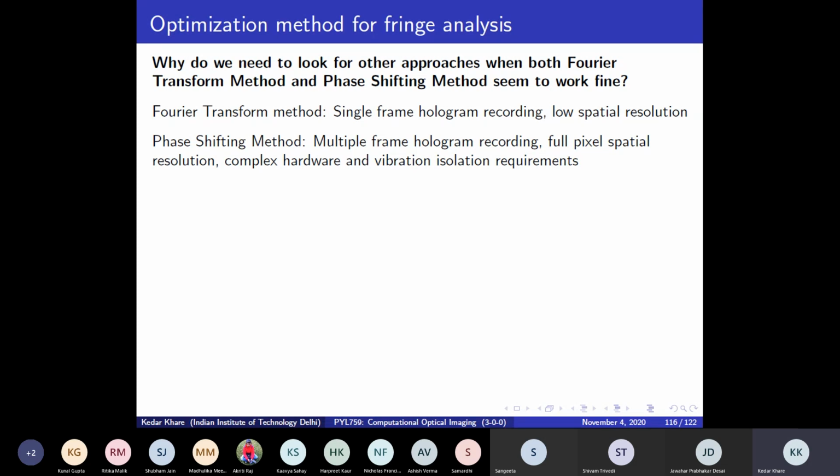Okay, so it is more complicated from that point of view. Because of this extra hardware and the calibrations required, things become tedious, and it's also quite expensive because of that.